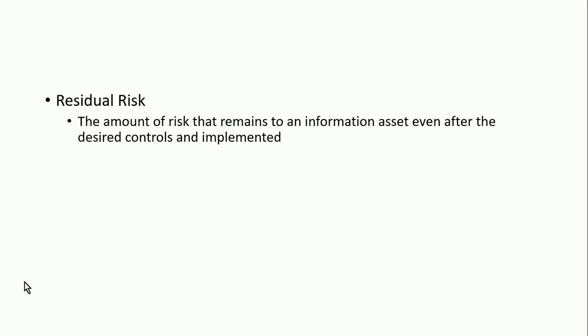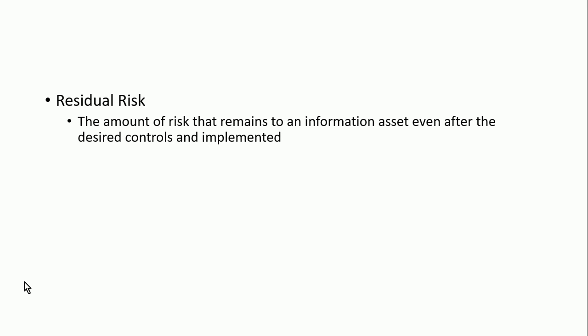There are two terms in your book that I really couldn't fit into the continuity of my presentation, so I'll start with these two terms first. The first is residual risk, which I don't see in too many textbooks, but basically residual risk is the amount of risk that remains to an asset even after the desired controls are implemented. One of our goals with risk management is to identify as many risks as we can and then mitigate those risks and prioritize those risks.